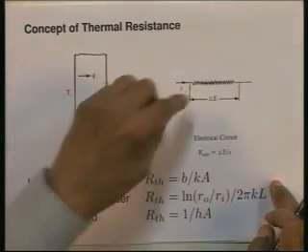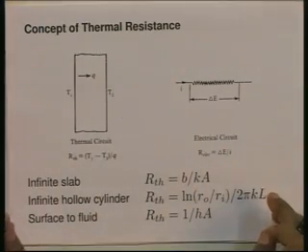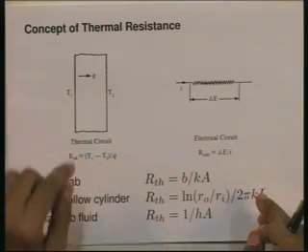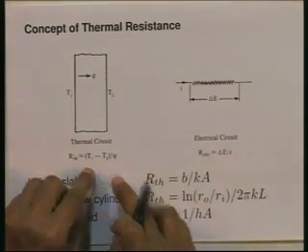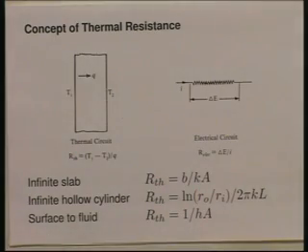The Q is analogous to the current I. Then the thermal resistance of this solid is given by the temperature difference T 1 minus T 2 divided by Q. Okay. That is how we define it. We define a thermal resistance as equal to a temperature difference divided by the rate of heat flow. This is the definition of a thermal resistance.